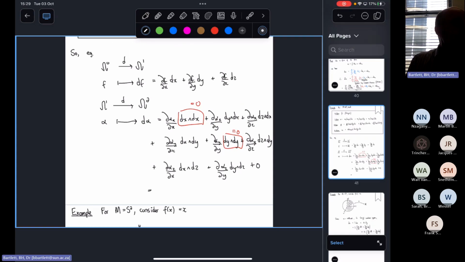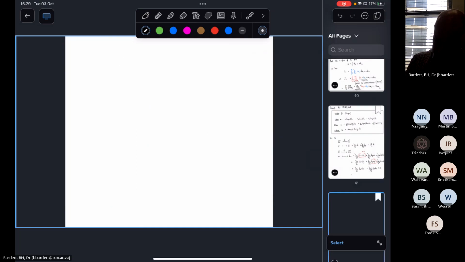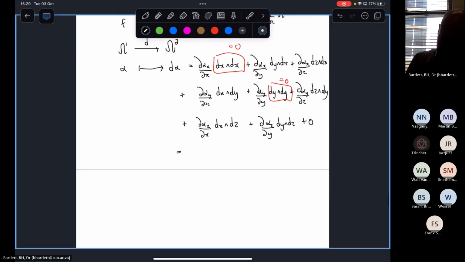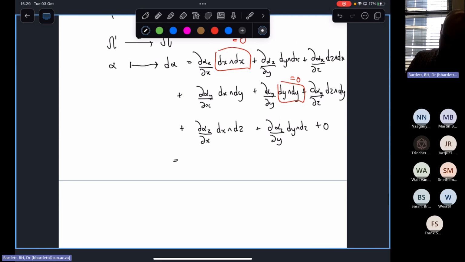Let's add a page here. So I'm going to get something times dx wedge dy plus something times dz wedge dx. That's just the way I'm grouping them.